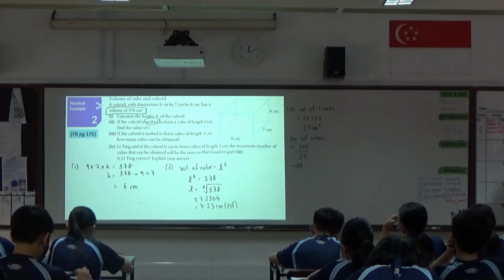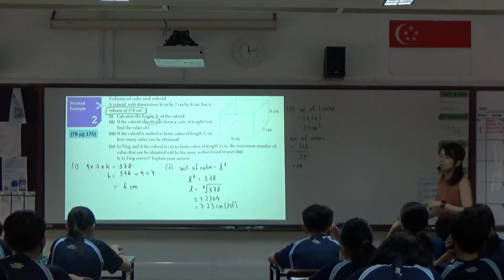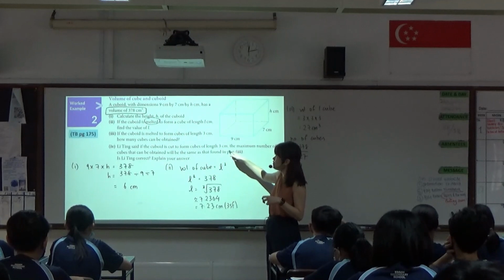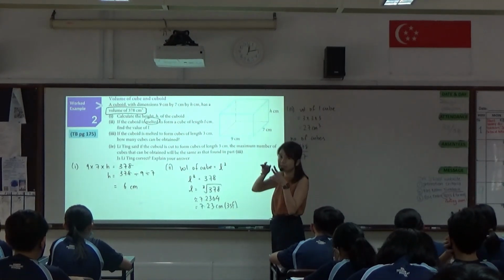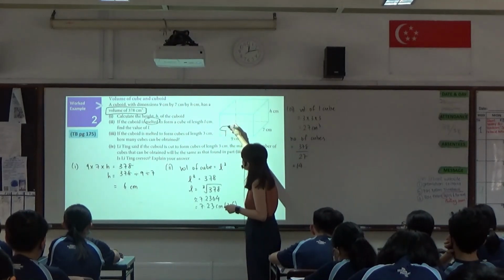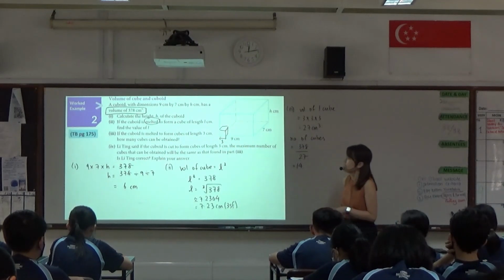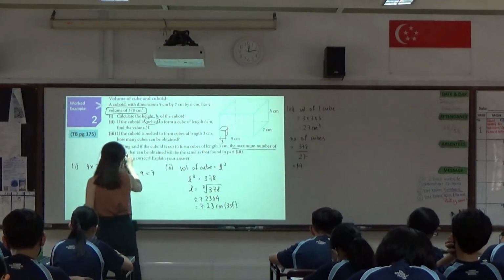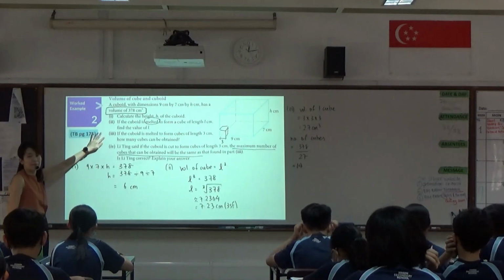Okay. The one that I want you to pay attention to is part 4. Part 4 says, Li Ting said that if the cuboid is cut to form cubes of length 3 cm, so this original cuboid is now being cut such that you can form cubes of 3 cm, she claims that the maximum number of cubes that can be obtained will be the same as what we got in part 3.